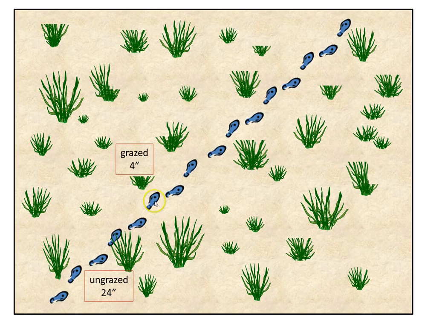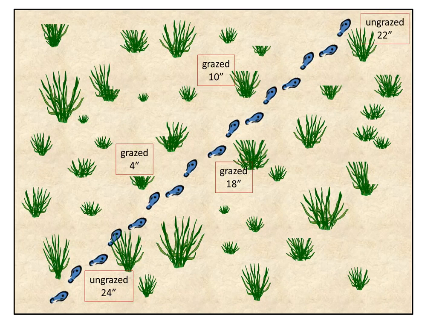At the next one, it's a grazed plant, it's been grazed to 4 inches. The next one here was grazed and it is 18 inches tall. The next plant was also grazed and is 10 inches tall. And finally, this last plant is 22 inches tall and was ungrazed.